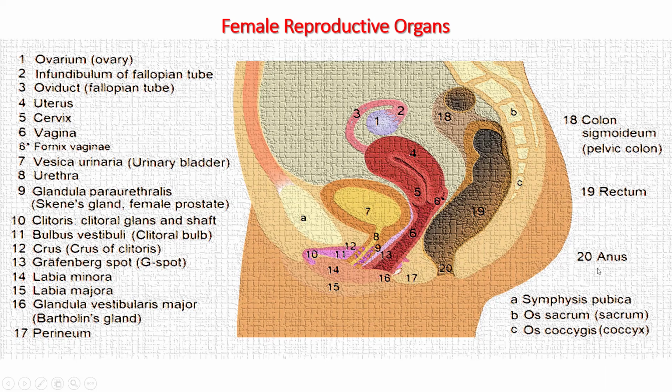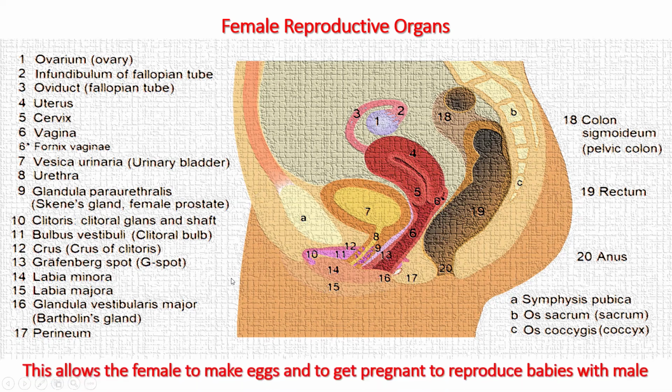So 20 different components or parts are involved in female reproduction, and it has been observed that the female reproductive cycle is quite complicated as compared to the male. This system enables the female to make eggs and get pregnant to produce babies with the male. In that way, the male and female reproductive organs are both equally important and involved in the development of newborn babies.